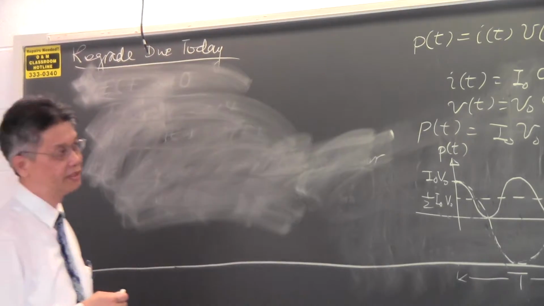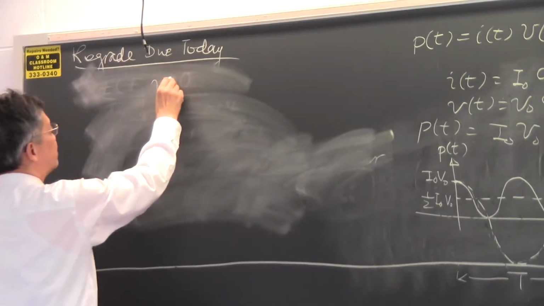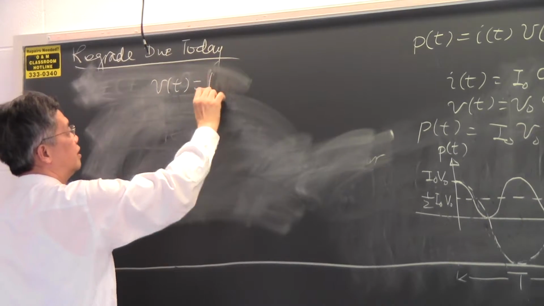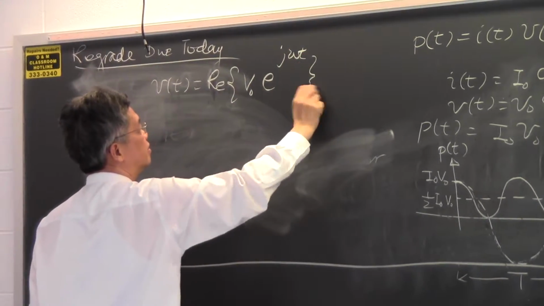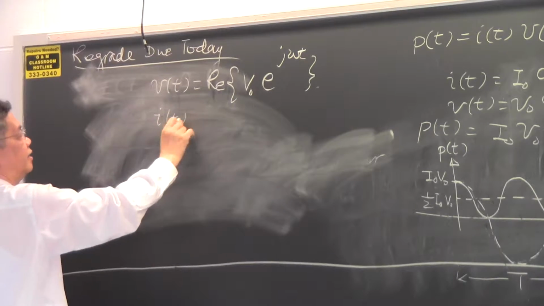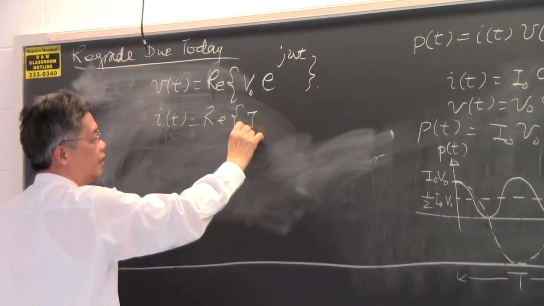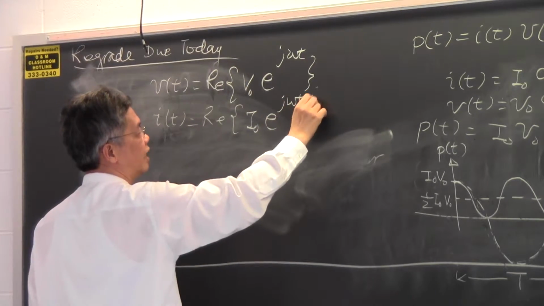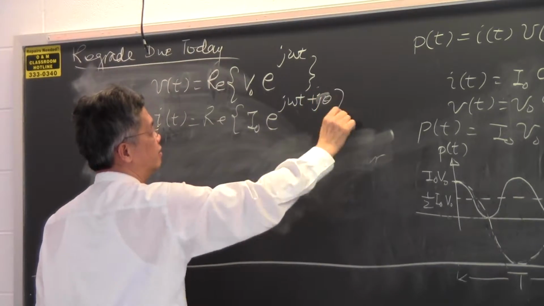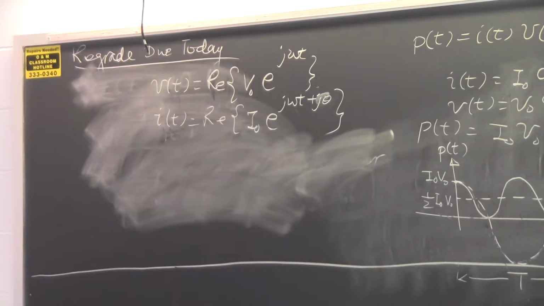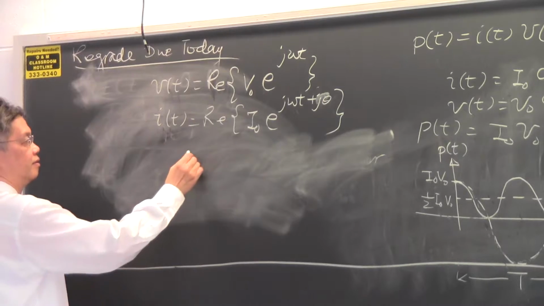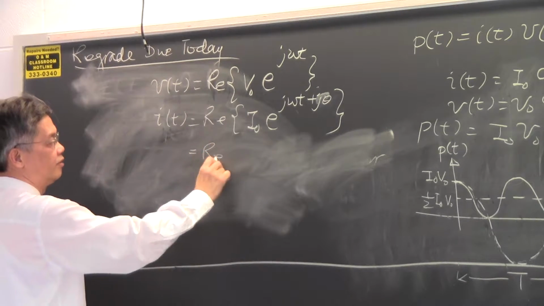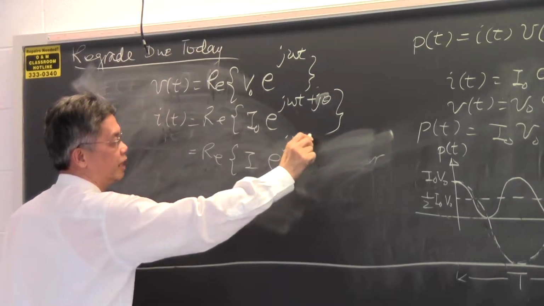If I were to write the signal in phasor form, it would be real of V0 e^(jωt), and real of I0 e^(j(ωt+θ)). Agree? And the phasor quantity I have here is real of I e^(jωt).